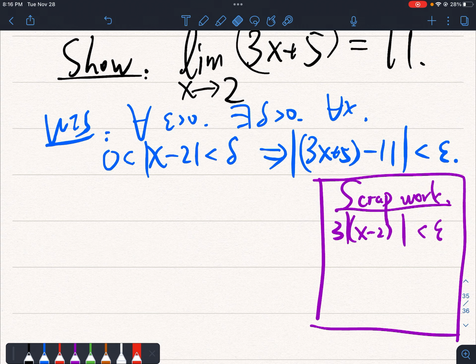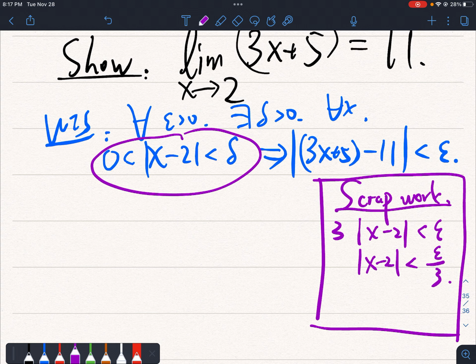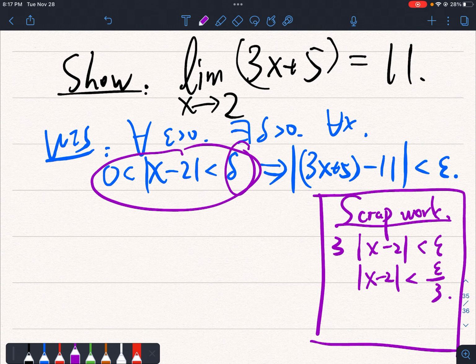So this is clearly just 3 times the absolute value of x minus 2. So you can just rewrite this as 3 times the absolute value of x minus 2 to be less than epsilon. So this is true if and only if the absolute value of x minus 2 is less than epsilon over 3, okay? But here, you want to find some delta, so now you can choose this delta for any given epsilon, right? It can be dependent on the epsilon, and it has to be dependent on epsilon.